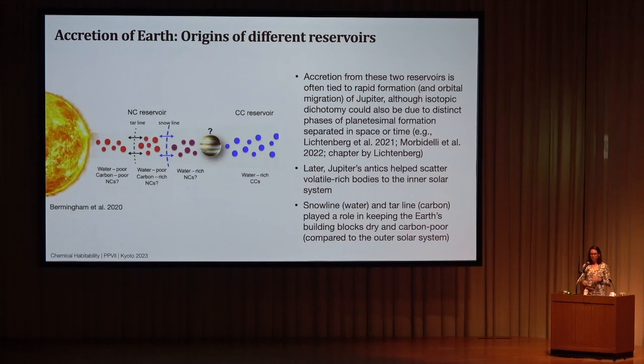However, as we heard from Tim and Mickey, non-planetary origins are also possible to explain this dichotomy, and really in any context, different condensation, snow or tar lines play an important role in controlling the compositions of the building blocks and contributing to the water and carbon content on the Earth.